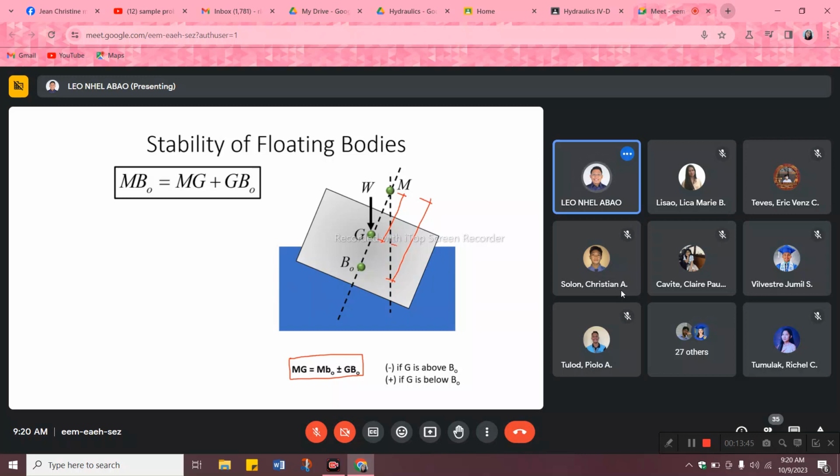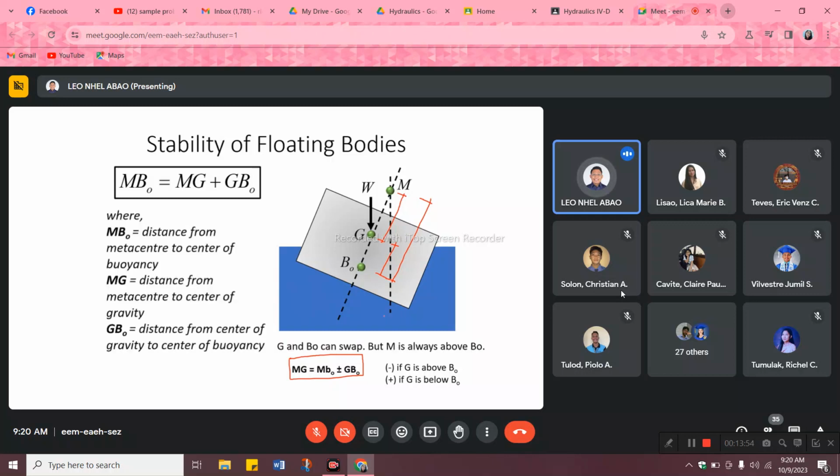Why plus or minus? Because G and BO can swap positions, so G can be located here. If G is below BO, we add. If G is above BO, as in this case, we subtract. MBO minus GBO gives us MG.